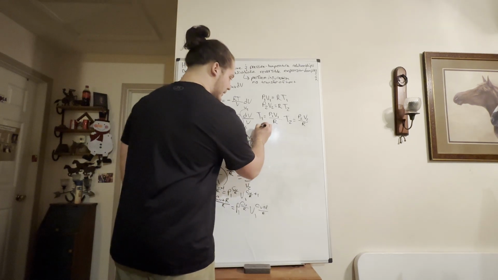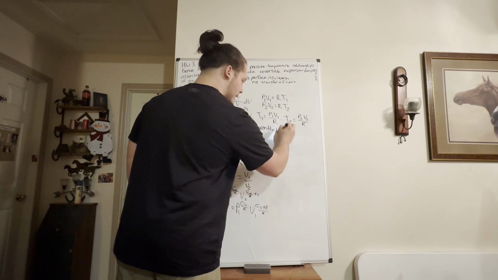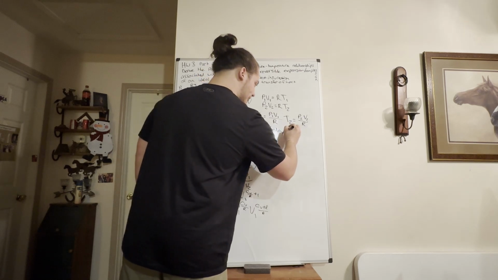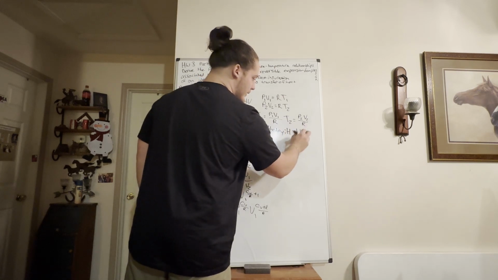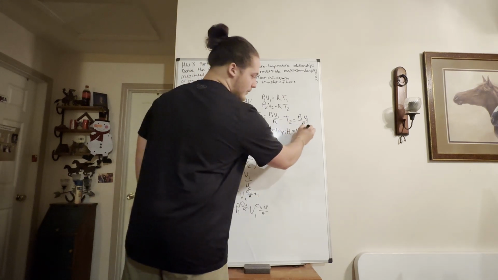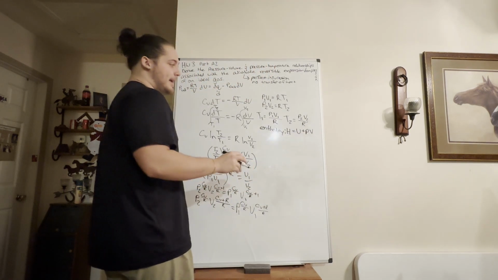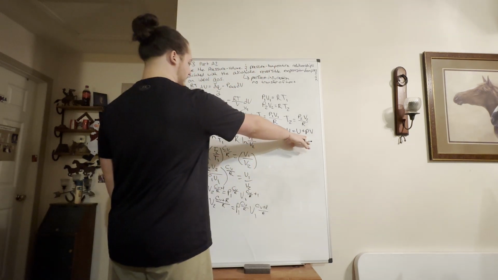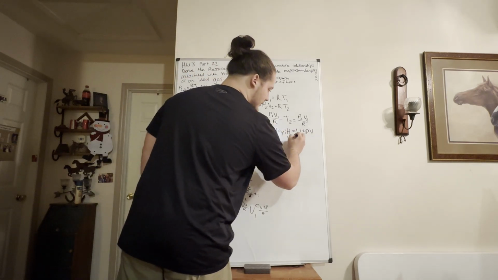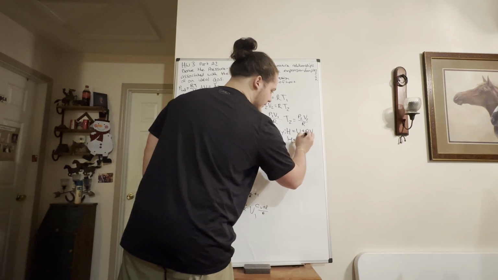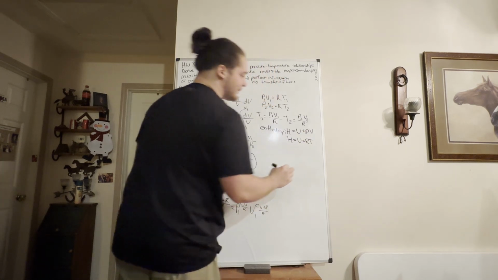So we know that enthalpy is equal to, we can use H for enthalpy, the internal energy plus the pressure times the volume. And since we know that this is an ideal gas, we can rewrite this as H, enthalpy, is equal to the internal energy plus R times T.